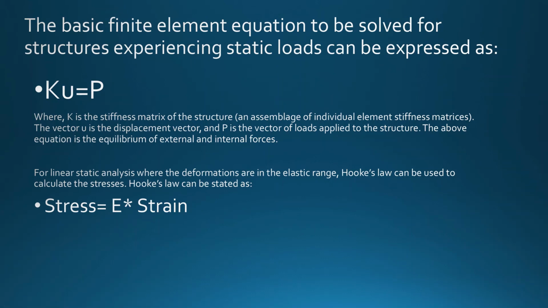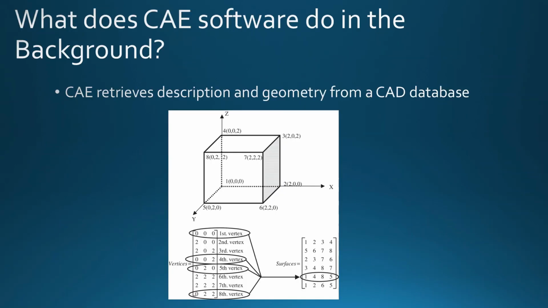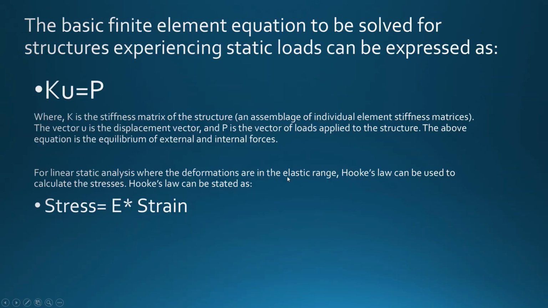We do not know the displacement yet, so U is unknown. And what is P? That is the boundary condition, such that I have applied a load in the x direction. The magnitude of that load is P, that is the force. So we have two terms known and one term unknown. We can easily calculate it, although we are not going to calculate it, the software is going to calculate this for us.